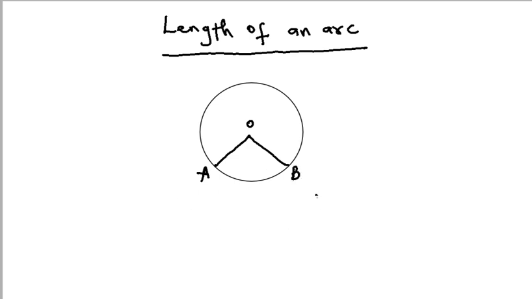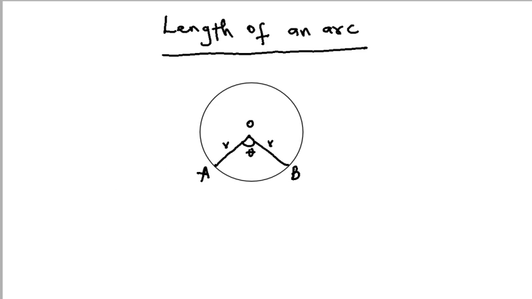Now, of course, these two lines meet at the center, so there must be an angle between these two lines, because an angle is formed whenever two or more lines meet at a point. So the line OA is the radius of the circle, R, and the line OB is also the radius of the circle.